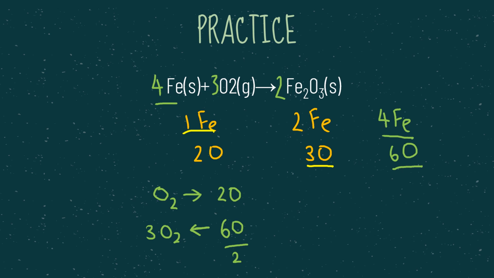So 3 diatomic oxygen molecules will give us 6 individual oxygen atoms. This is why we place a 3 in front of O2 and not 6. Because if we add 6 O2s, this will give us 12 oxygens, and this is not what we want. Hence we add 3 instead of 6.